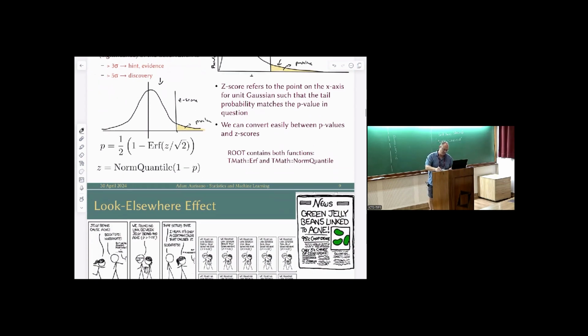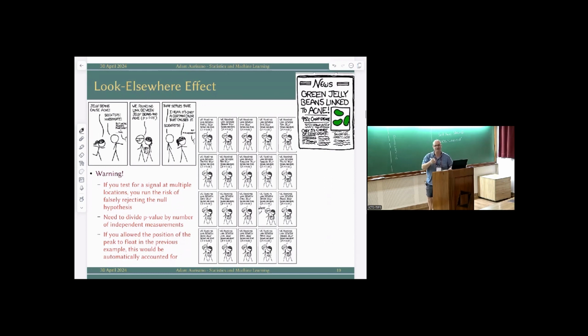And part of that is because of the look elsewhere effect, right? The way that hypothesis testing works in a frequentist sense is that I say, the probability of my result being more discrepant than this by just chance is less than 5%, right?